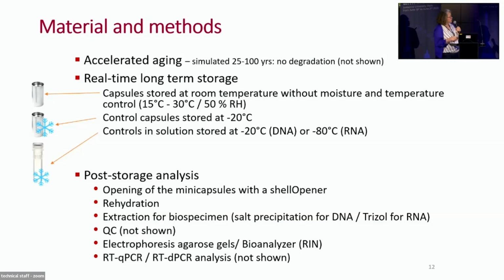And also, of course, the controls in solution stored at -20 or -80, DNA and RNA in solution. And after these years, up to 15 years, we opened the mini capsules, we rehydrated the molecules, and extracted DNA and RNA when needed, and we performed the analysis.